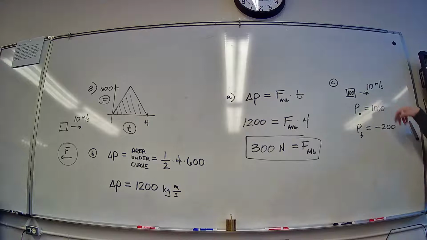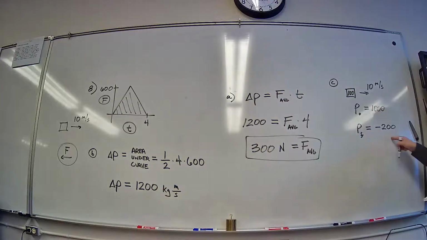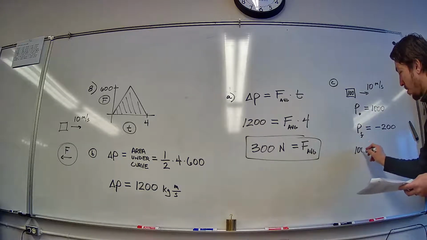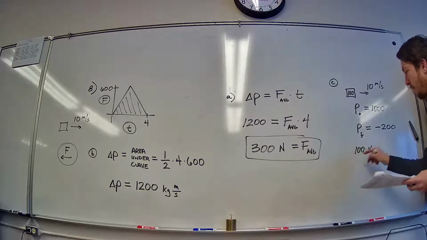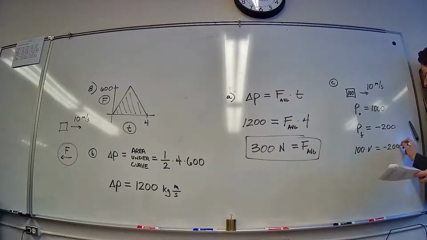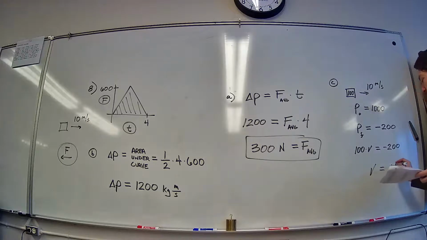The difference between these is 1,200. Well, if I know the final momentum, I can solve for the velocity, right? Because mass times velocity equals momentum. Does that make sense? So is this what everyone got? Did you get 2 meters per second going left?